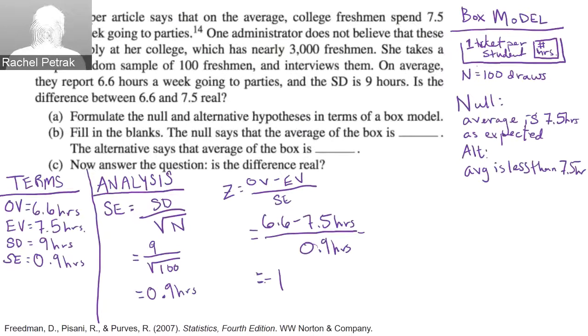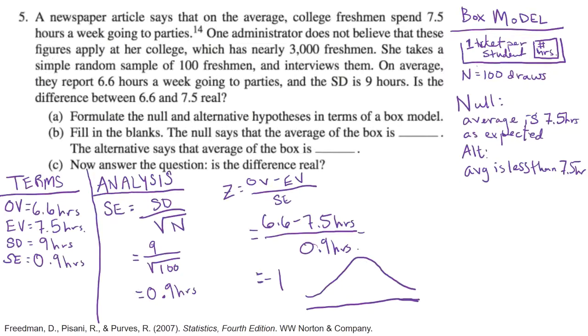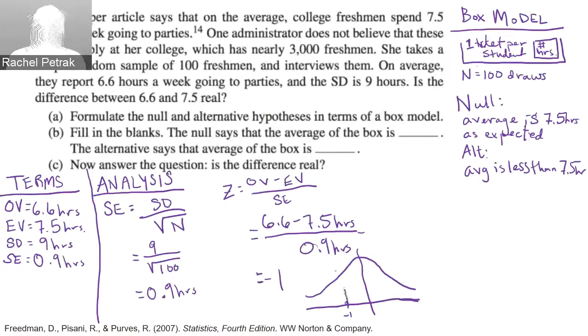Remember, in our previous problem, we had a z of 1.3, and that corresponded to a probability of 10%. Well, if we have a z-score that's closer to the mean, then that's going to have an even bigger proportion outside of it. So now we're at a z-score of -1.